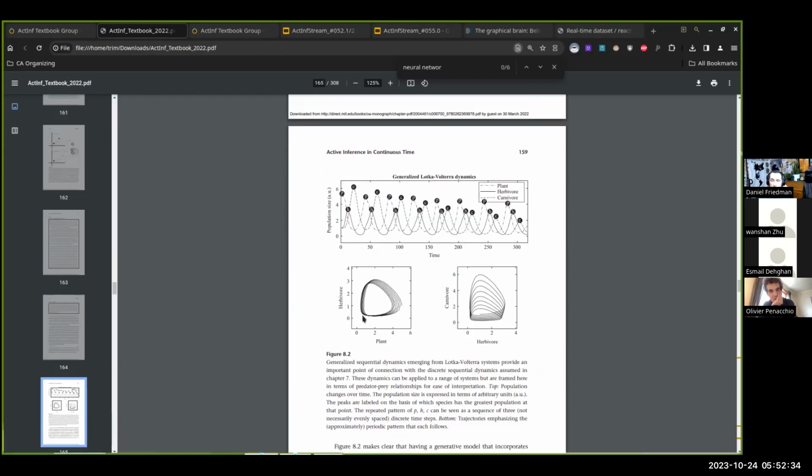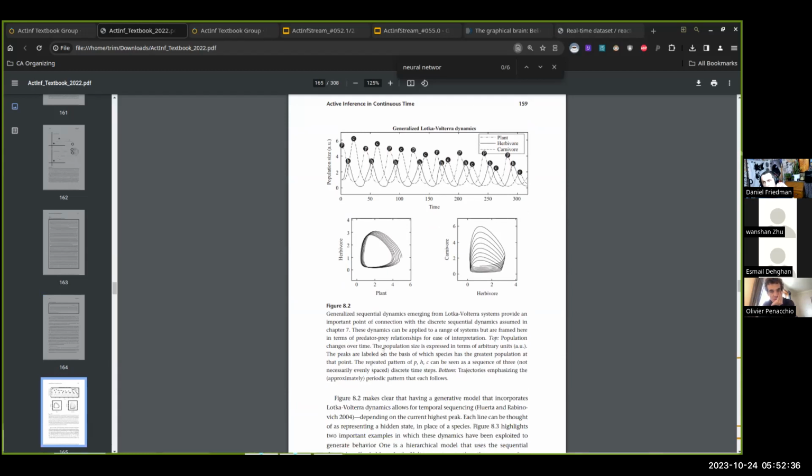They then move to an ecological analogy with a generalized Lotka-Volterra dynamics. This is also called winnerless competition, because with plants, herbivores, carnivores, none of them can win. They're all in this oscillatory relationship in this three-dimensional space.